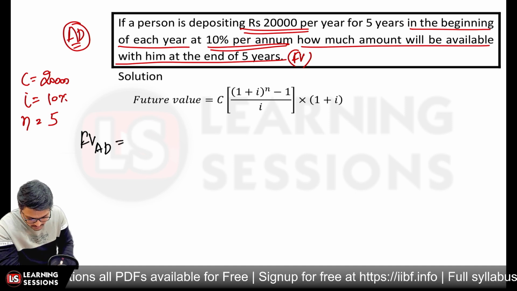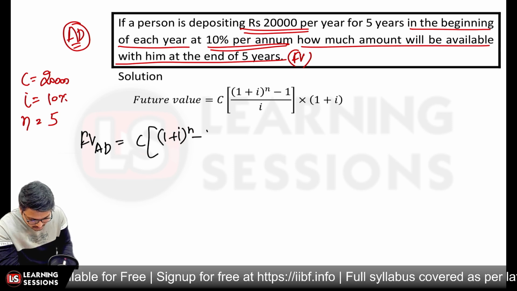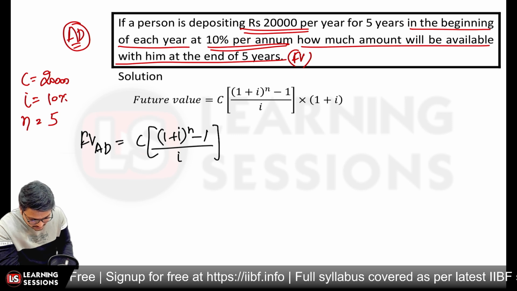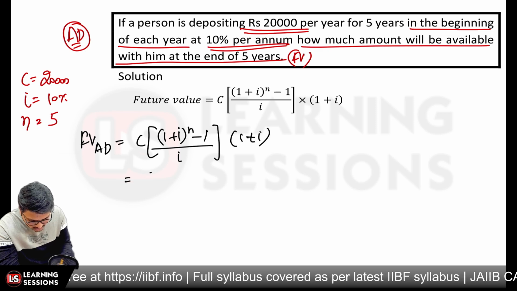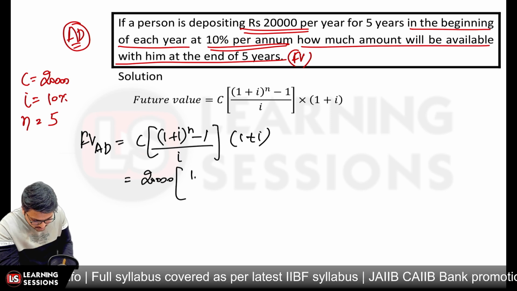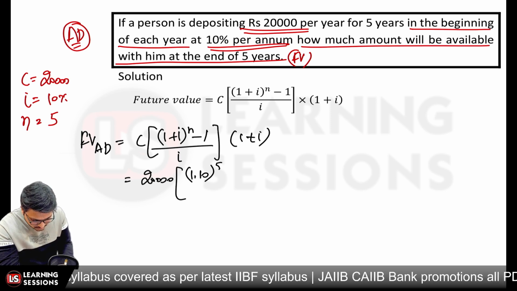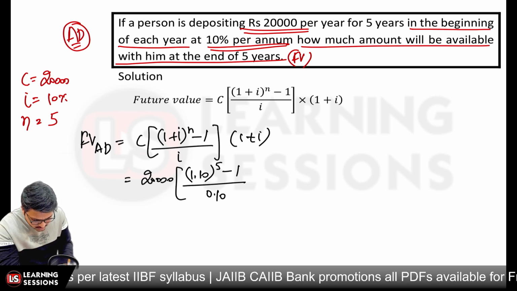The formula is C into 1 plus I raised to power n minus 1 divided by I, and 1 plus I, right? So C is 20,000, 1.10 raised to power 5 minus 1 divided by 0.10 and further 1.10.